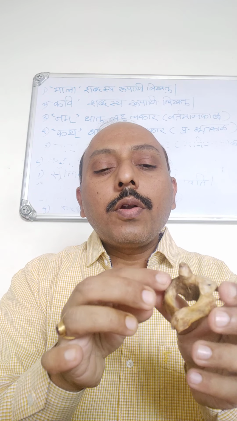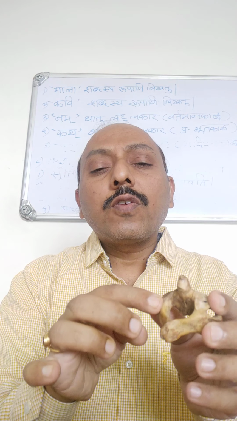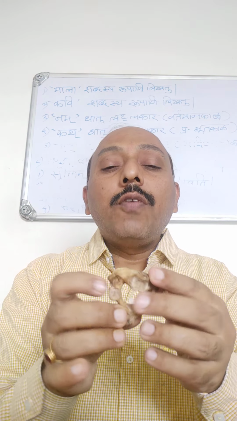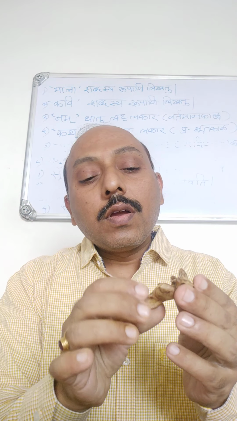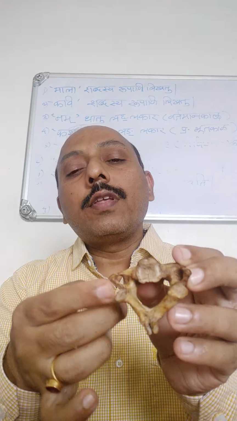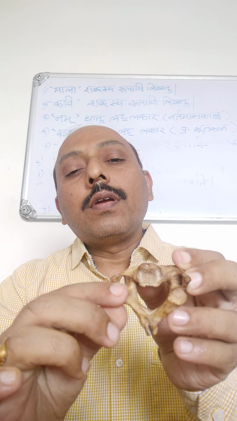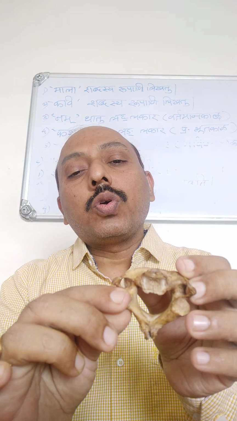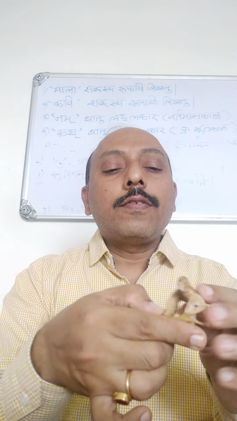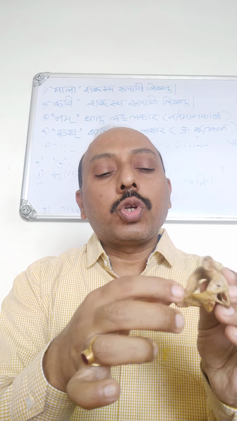Behind the superior articular facets there is a slight shallow notch called the superior vertebral notch. Inferiorly there is a notch between this tubercle and the posterior articular facets, the inferior vertebral notch.